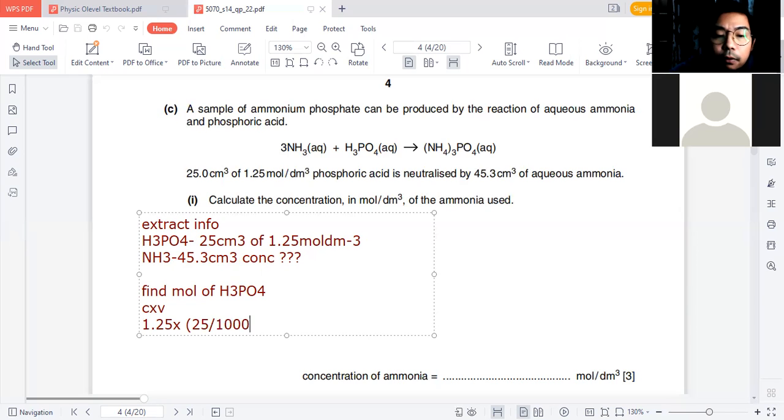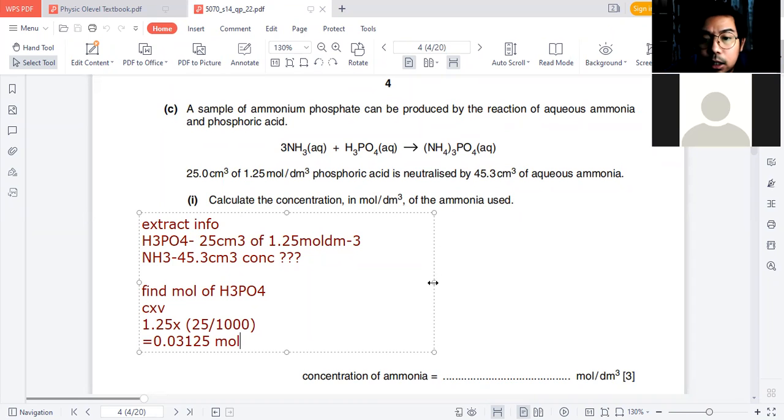The mole of phosphoric acid given to you would be 0.03125 mole.